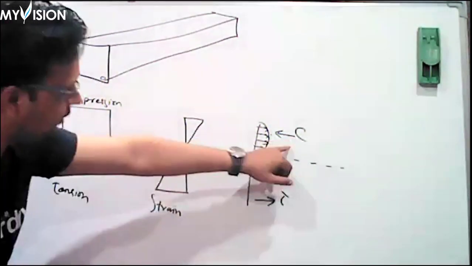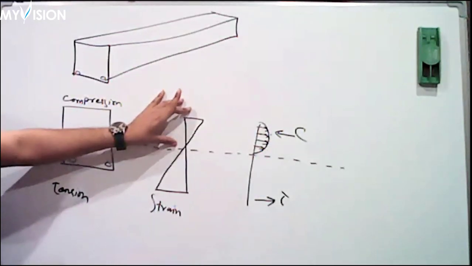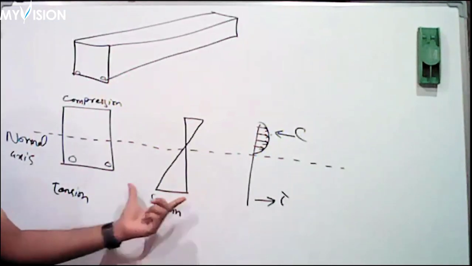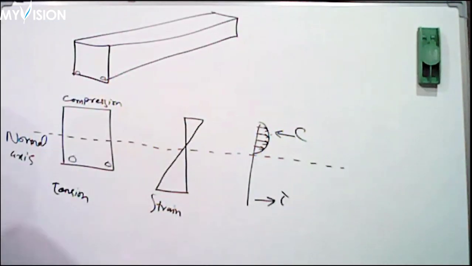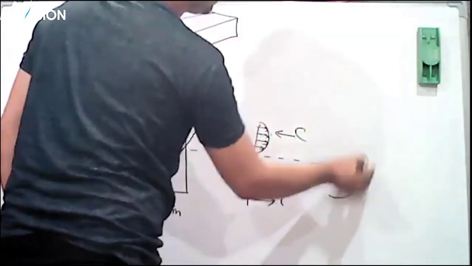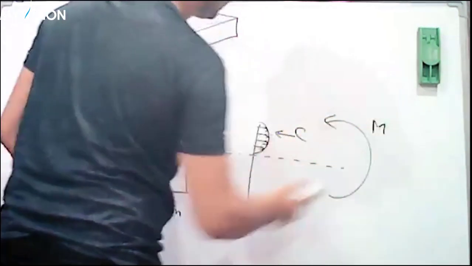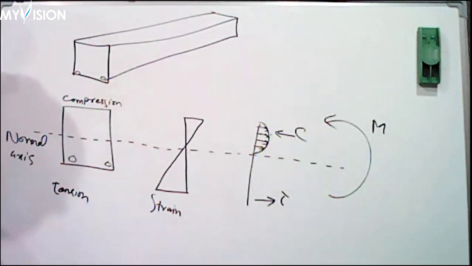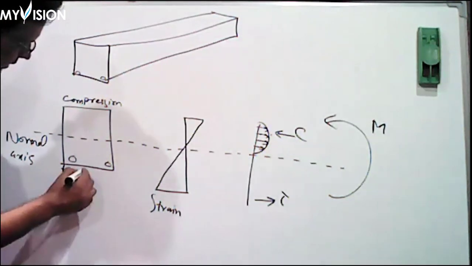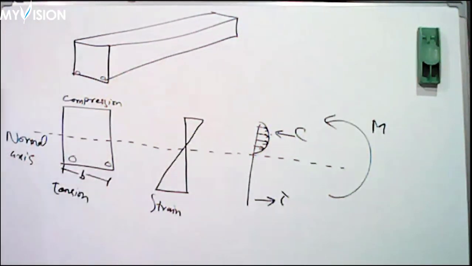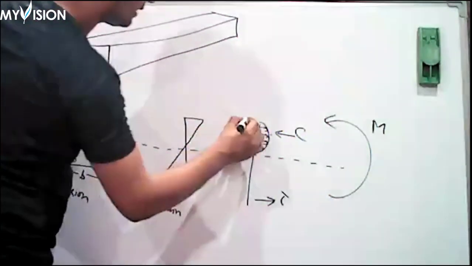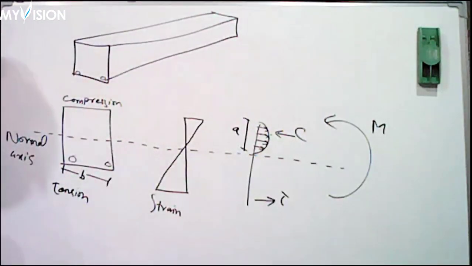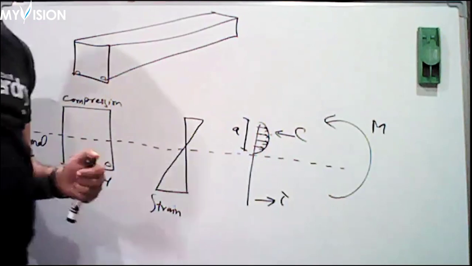And because of these forces, a moment is generated. All these things will be studied in a few formulas. The width of this beam is called small b, and the depth of the compression part we call small a. Remember these things.